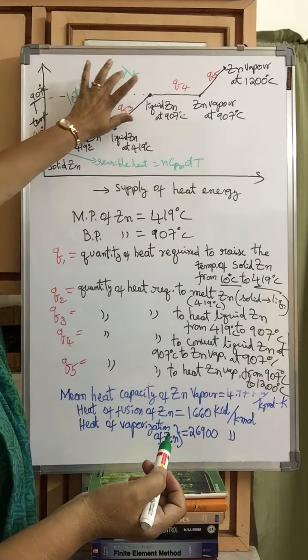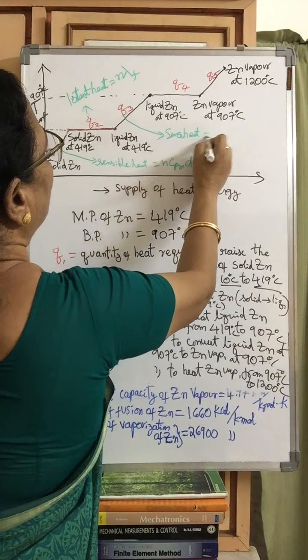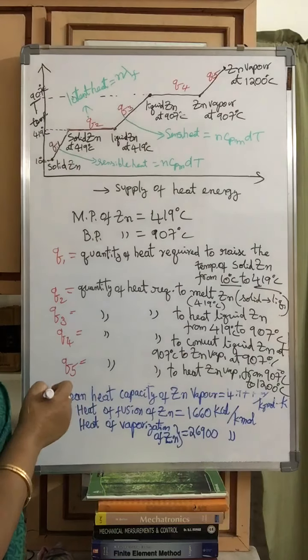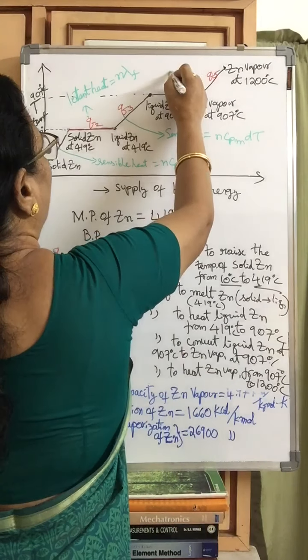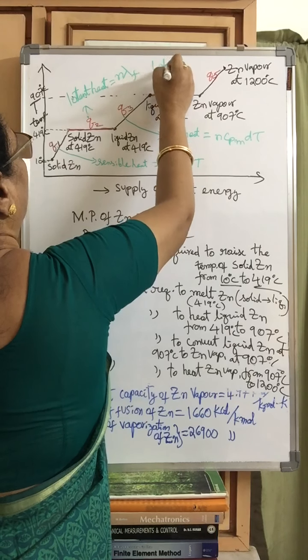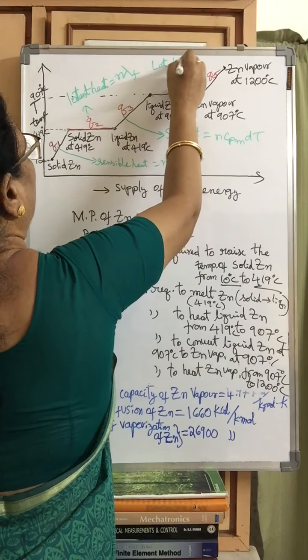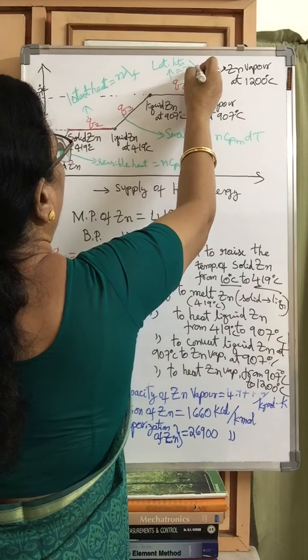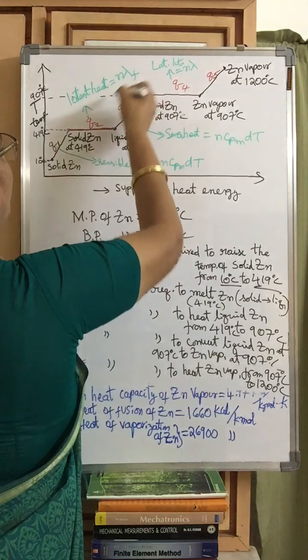Then what is Q3 again? Q3 is again sensible heat. This is also n Cpm dT. Using this we calculate. And what is Q4? Again, latent heat. This is again n lambda, but here it is not F for fusion.